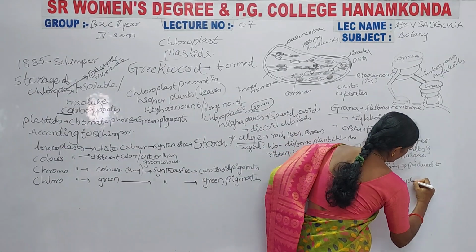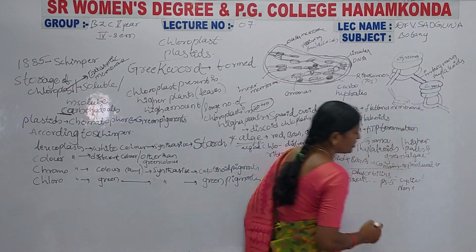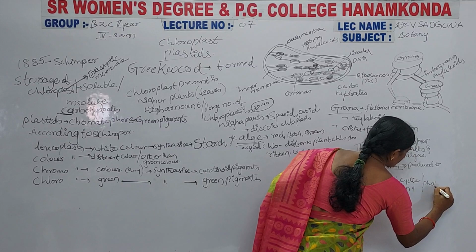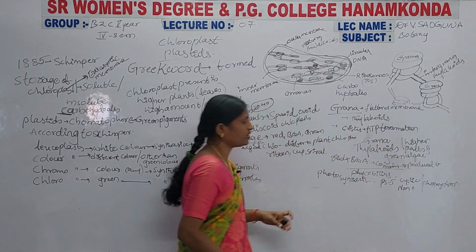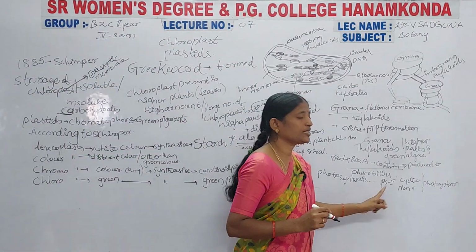Cyclic or non-cyclic photosystem is mostly present in PS1.